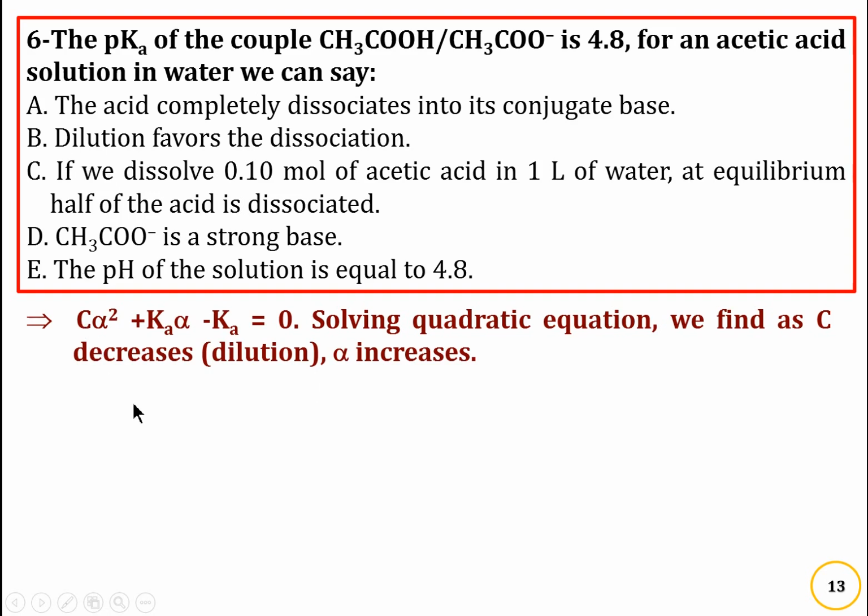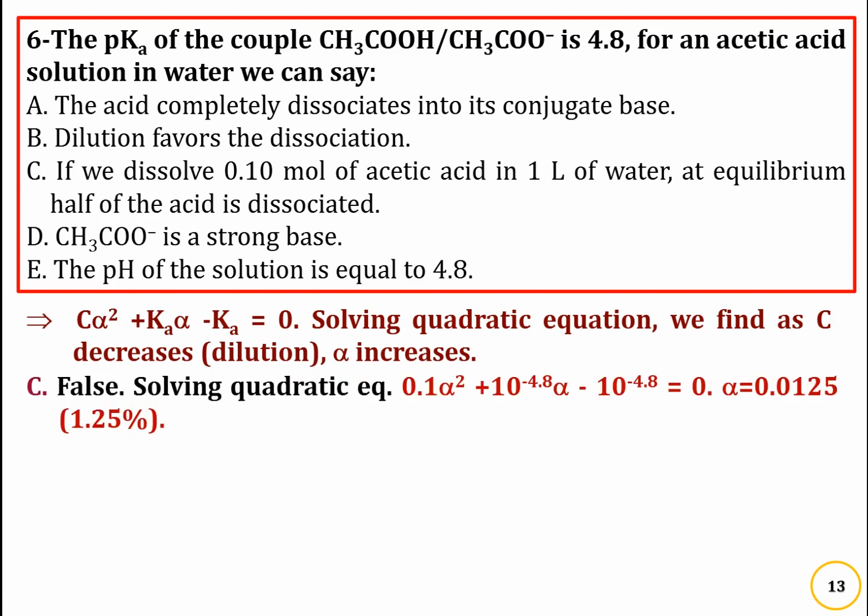Now, what is the value of alpha? You solve this quadratic equation, the concentration equal to 0.1 divided by 1, so 0.1 molar: 0.1 alpha squared plus 10^-4.8 alpha minus 10^-4.8 equals 0. You will find the acceptable value of alpha equal to 0.0125, or percent alpha equal 1.25%.